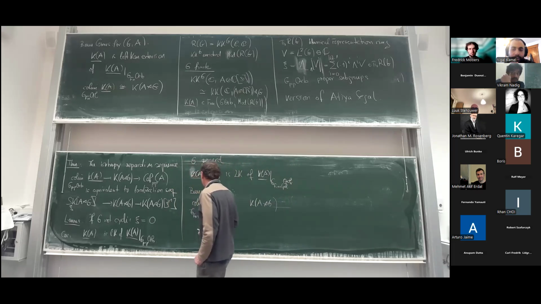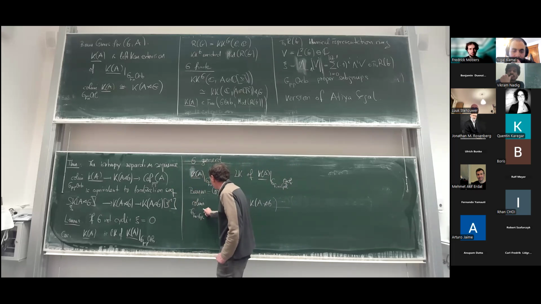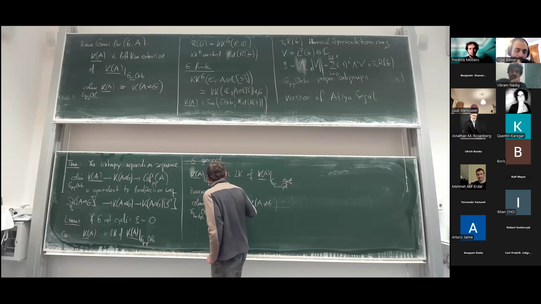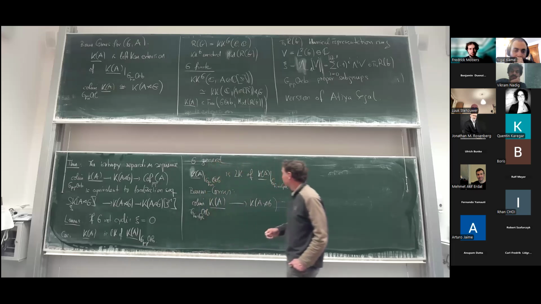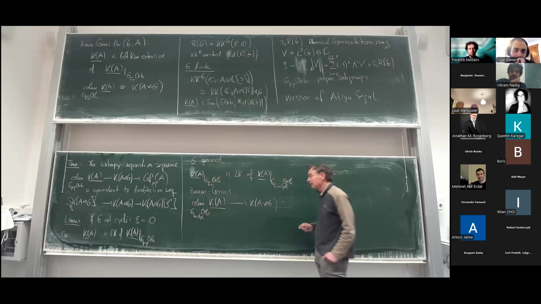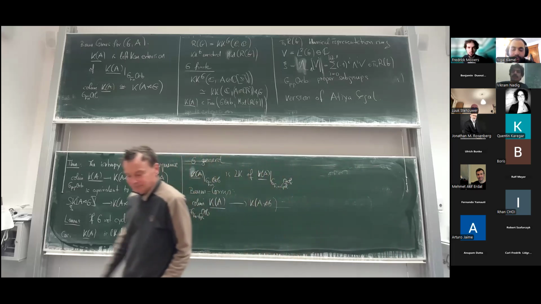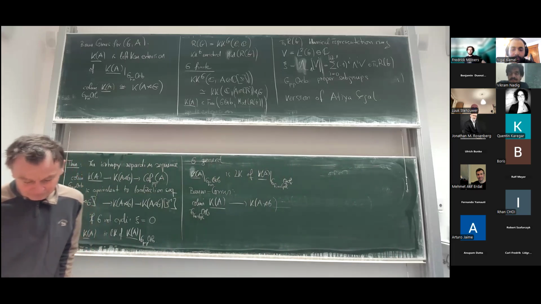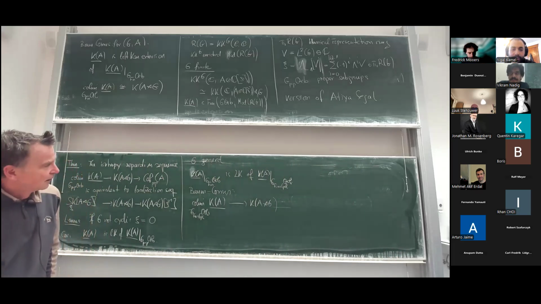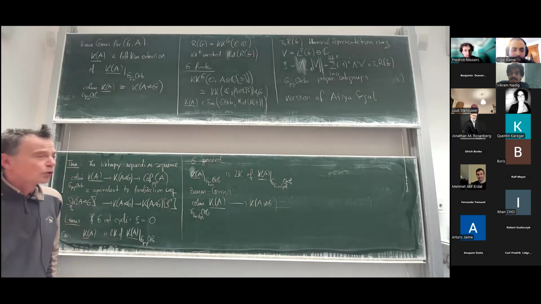There's a question in the chat. This is known to the specialists, probably common knowledge, but this means if you want to calculate crossed products, it's enough to calculate finite cyclic subgroups. There's a question in the chat whether Atiyah-Segal refers to the completion theorem, and if so, where is the completion? This is a homological version, so somehow it's not so clear.